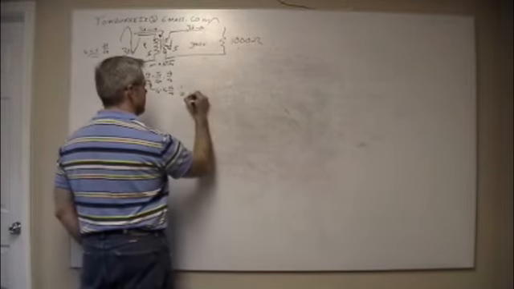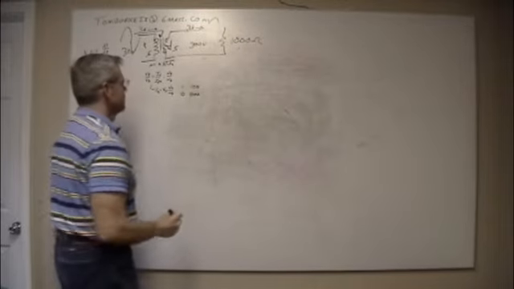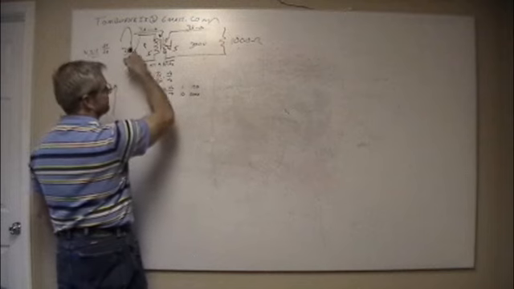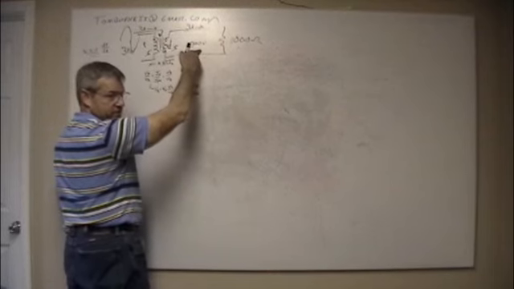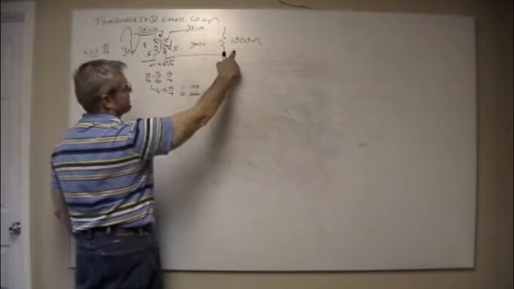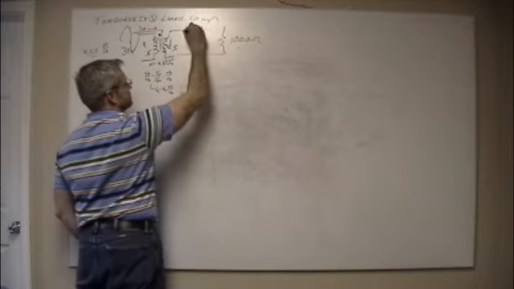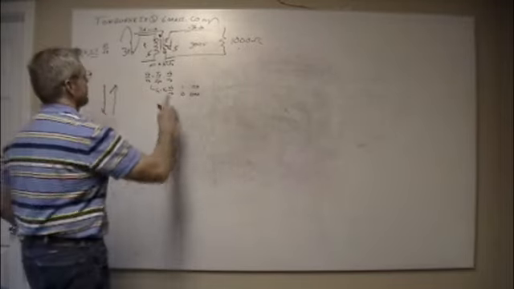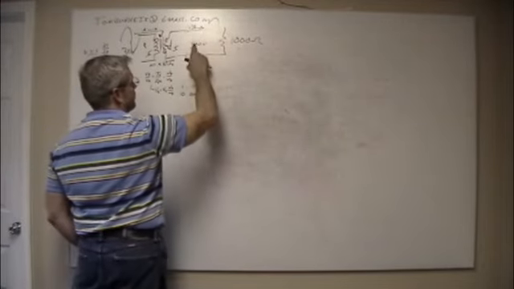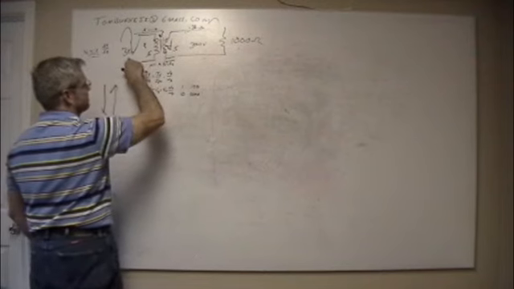So probably more like 1,000 turns and 100 turns. And V primary is 3,000 volts, and now this is 300 volts. But if this is 1,000 ohms, now that's 0.3 amps.